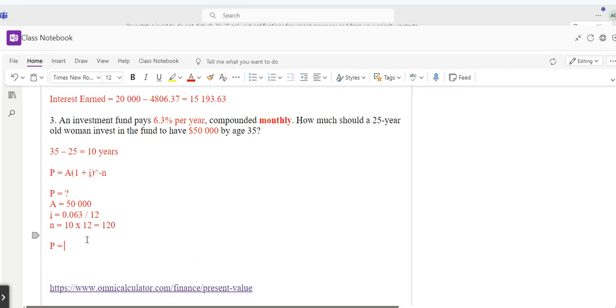So P is going to be equal to A times 1 plus I. Oh, sorry. P is going to be equal to their A value, which is going to be 50,000, multiplied by 1 plus I, which is going to be 0.063, divided by 12 to the power of negative 120.